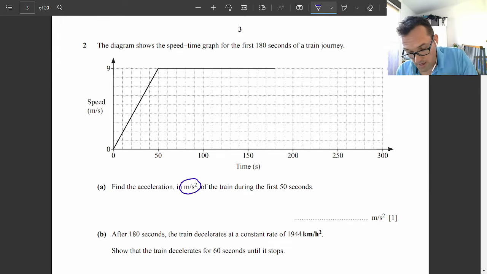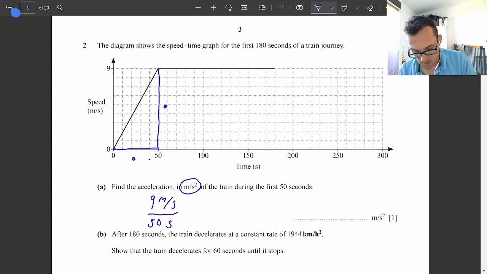Now, to work out the gradient, it is the rise over the run, so the change in y over the change in x. The change in y, the vertical distance there, is 9 meters per second. And the change in x here is from 0 to 50, so that's 50 seconds. You see that?